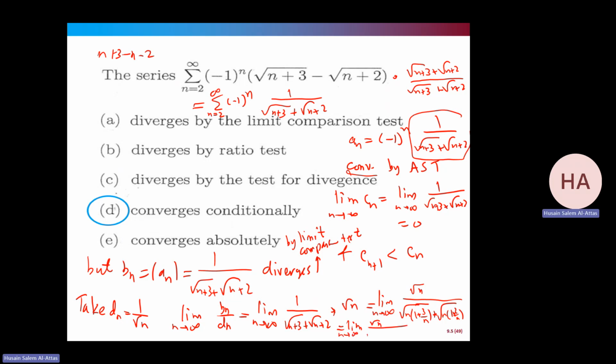I can take a square root of n as a common factor. What is the remaining? This goes to square root of 1 plus 3 over n plus root 1. So this cancels, and I'm getting half, positive. So it diverges by the limit comparison test.